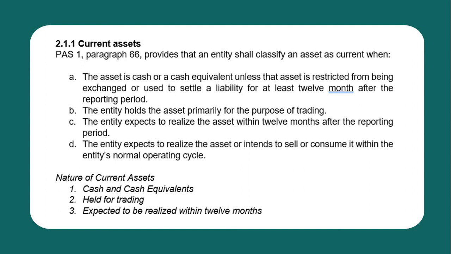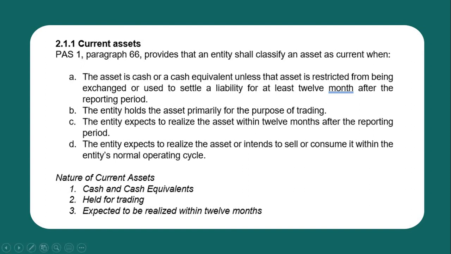Next, the entity expects to realize the asset within 12 months after the reporting period or within the entity's normal operating cycle. So, what do you mean by operating cycle? So, the operating cycle is from the point wherein the goods or services are purchased until the goods or services are being provided to the customer.